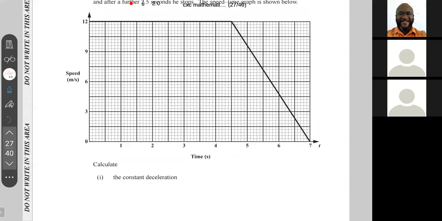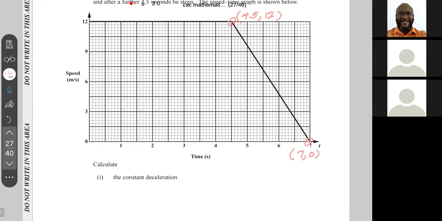So let's get the gradient here. Let's use 2 points. You need 2 points to get a gradient. This is 4.5, 12. Let me see if those are the best 2 points. Yep. This is 7, 0. So the x coordinate is time, the y coordinate is speed.